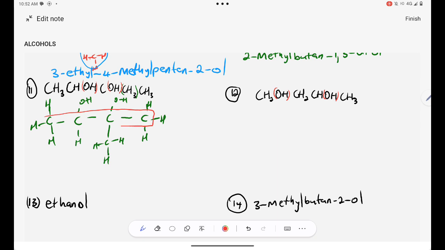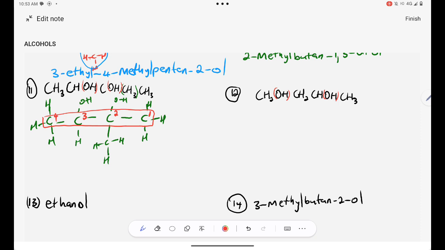This will be my parent chain. Carbon number 1 should be the carbon which is closer to the functional group. Whether I start from the left or the right, at carbon number 2, I'll come across an OH ion. Are we together? But whenever I start from the left, I don't only have an OH ion on carbon number 2, but I also have a side chain.